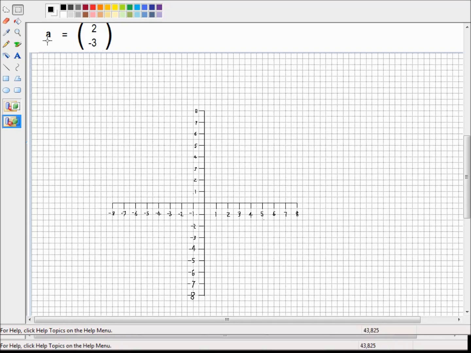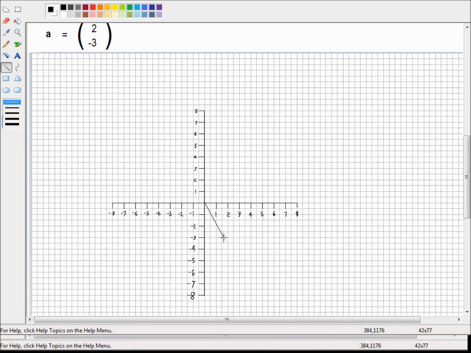That's 2 along the x-axis and -3 along the y-axis. Now, if you'd decided to draw a scale like this, and then you'd started from your origin, and then you'd drawn 2 along the x-axis and 3 down the y-axis.